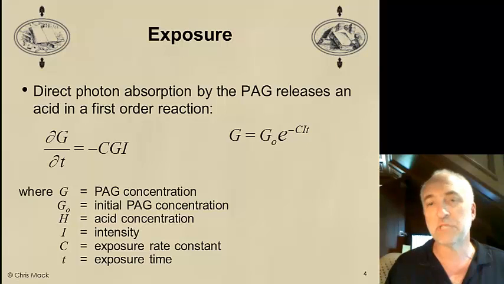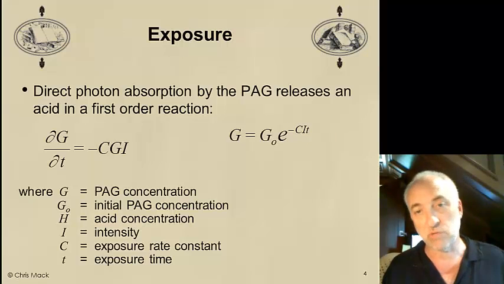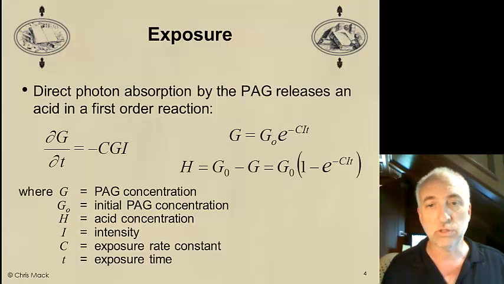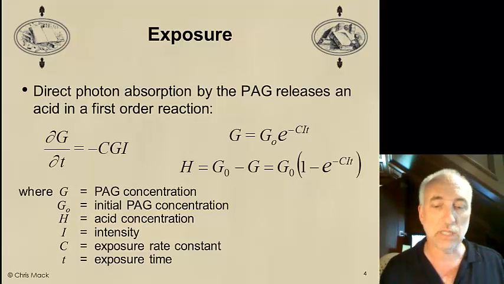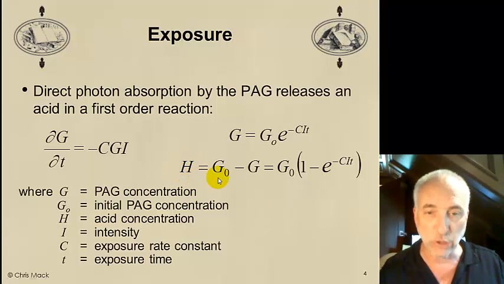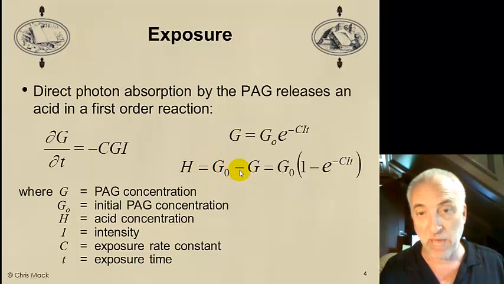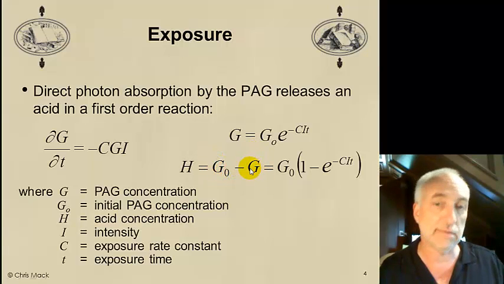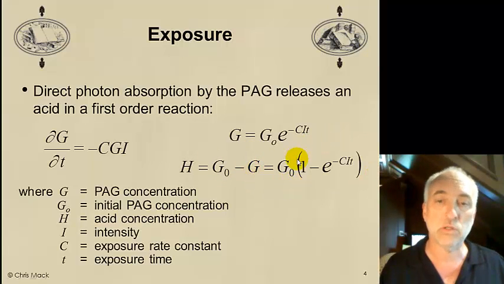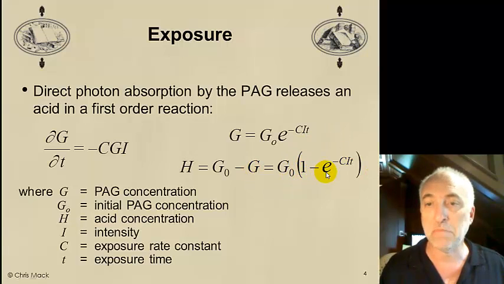But we're more interested in the acid concentration rather than the PAG concentration. So we'll generally express things in terms of the acid concentration H, which is, by the stoichiometry, the initial concentration of PAG minus the concentration of PAG at any point in time. And so you see that the acid goes as 1 minus this exponential, e to the minus CIT.